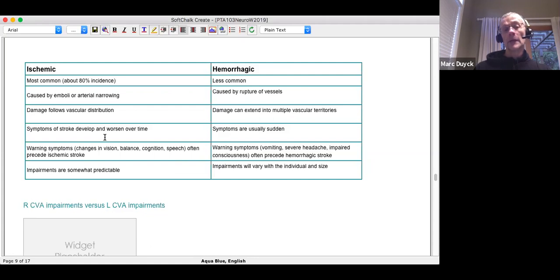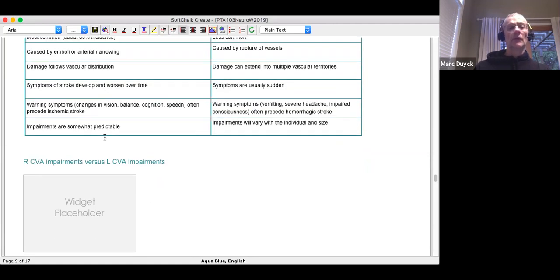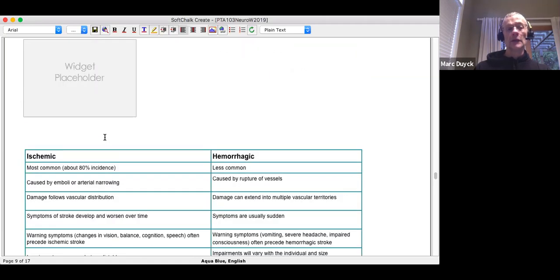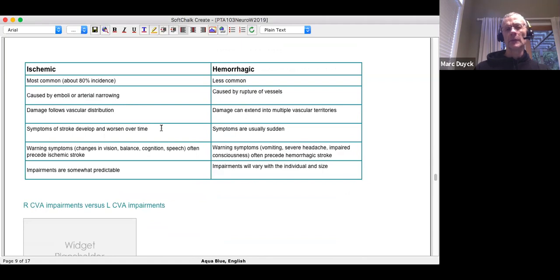Or in case of a major stroke that's untreated, the symptoms are going to get worse in terms of balance, when we refer to the cerebellum, or some of the executive function when we refer to the frontal lobe. So the warning symptoms can vary depending upon a part of the brain that is damaged over time, specifically. And as I mentioned, the impairments are somewhat predictable.